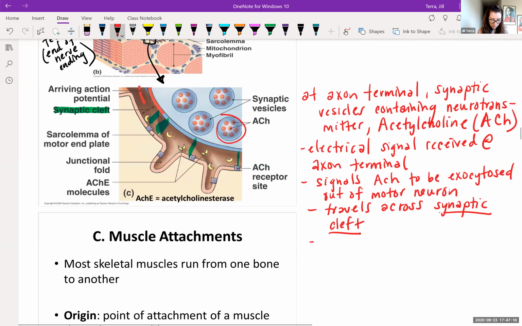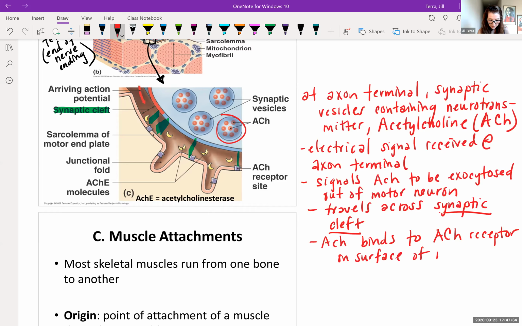And then the acetylcholine binds to its receptor, called the acetylcholine receptor, on the surface of the muscle fiber cell. Okay, so our muscle fibers, this is the signal that they receive from our nervous system. Our skeletal muscle cells receive acetylcholine, okay?